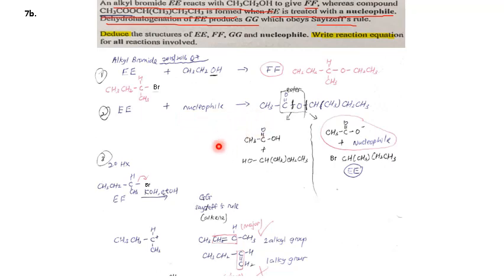Dehydrohalogenation of EE produces GG, which obeys Saytzeff's rule. Saytzeff's rule is specific to alkenes, so I know this is an alkene. So deduce the structure of EE, FF, GG, and the nucleophile. Okay, here is my GG and the nucleophile. And write the reaction equation for all reactions involved.